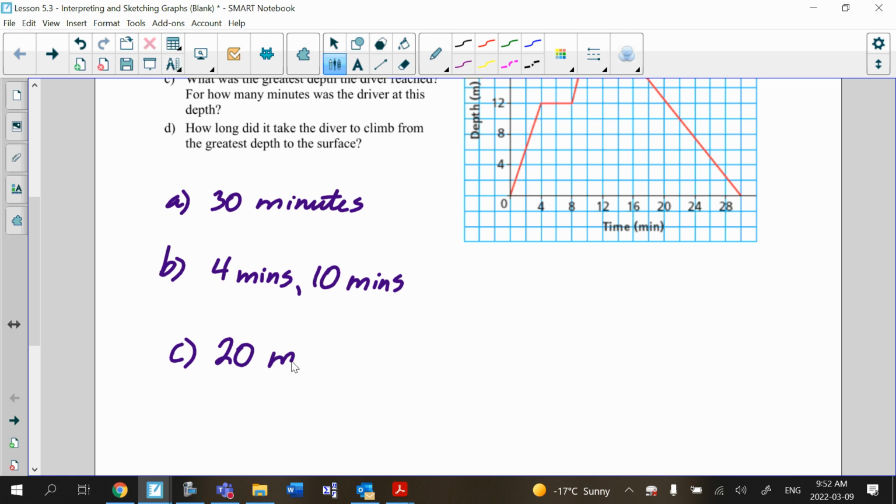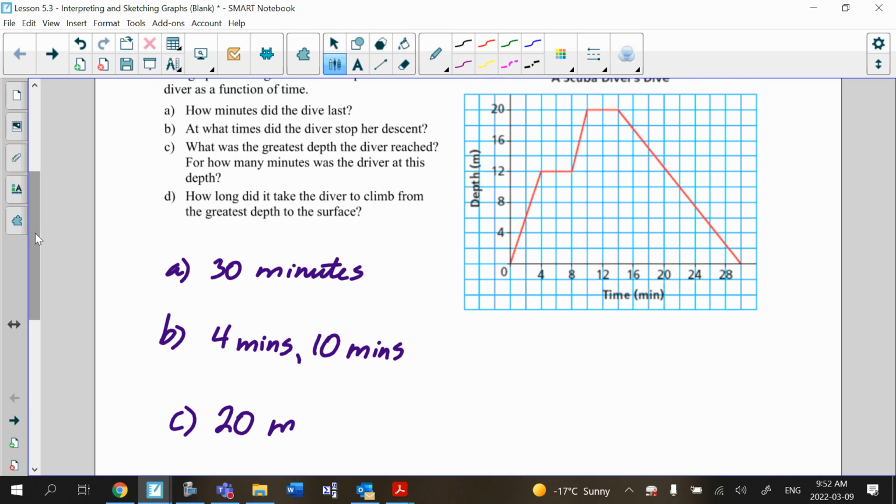And how long did it take her to climb from the greatest depth, which we now know is 20, to the surface where the depth would be 0? Well, here's where she started ascending, climbing. If we go down here, we can see it's at 14 minutes. We already know she hits the surface again at 30 minutes.